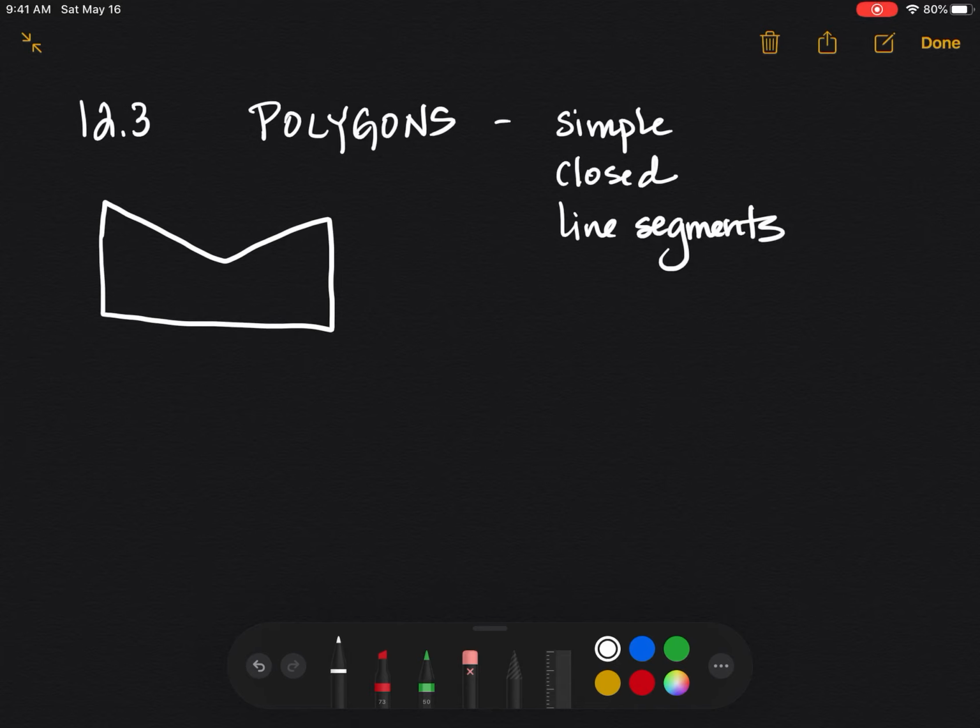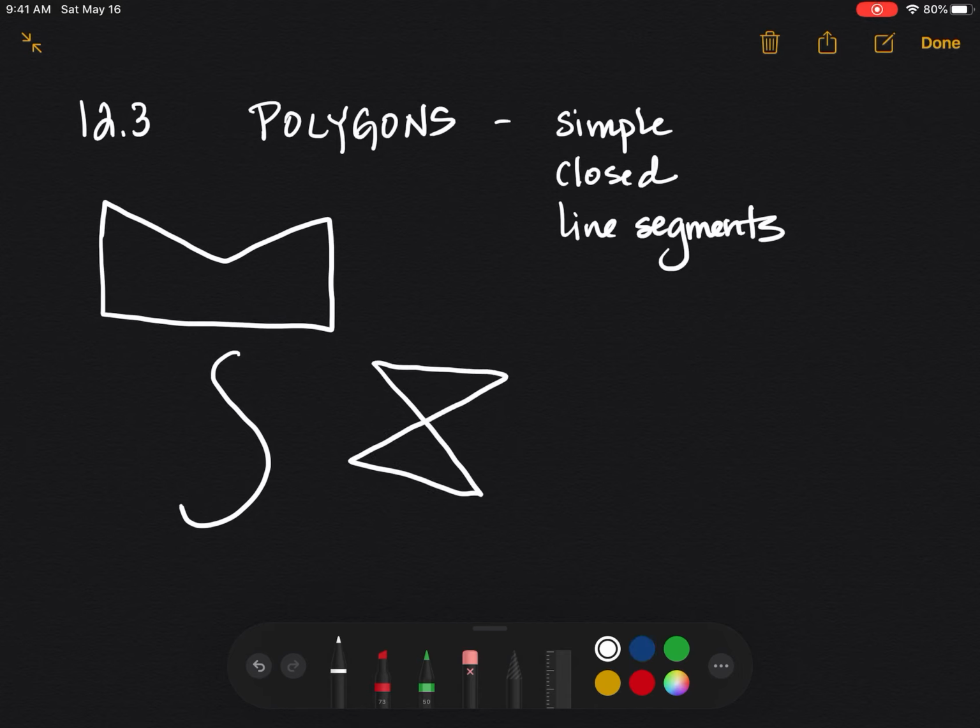So this is not closed, right? The end and the beginning do not go together, okay? This is not simple because it crosses right here, okay? This is not simple. This is not closed.